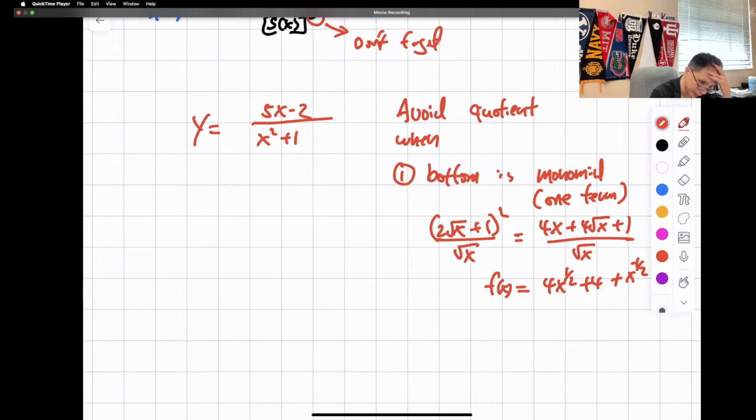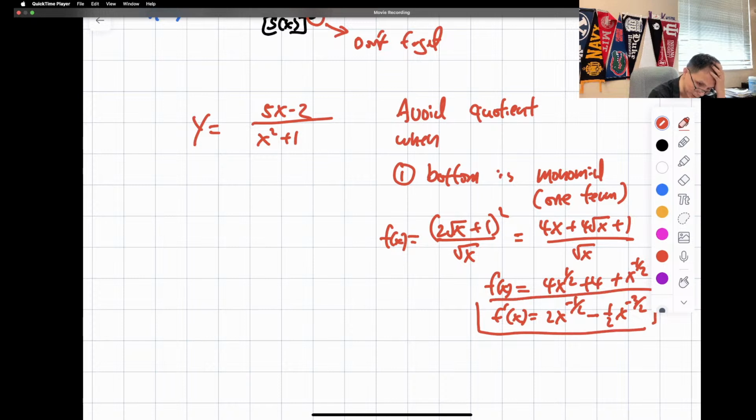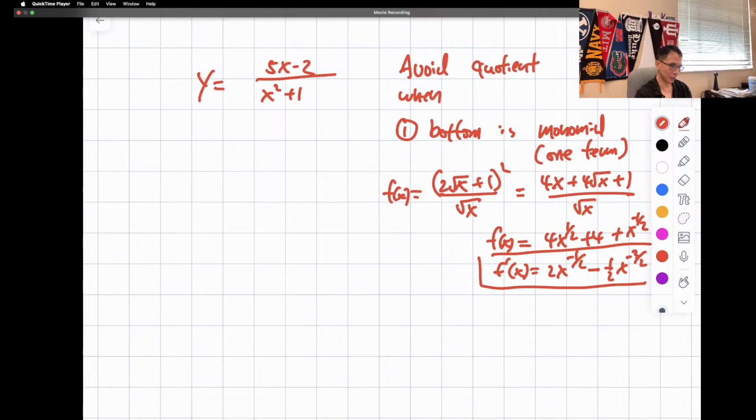Then take a derivative: it is equal to 2x to the negative 1/2 minus 1/2 x to the negative 3 over 2. Does that make sense? When the bottom is one term, you do not use quotient rule because your life is going to be miserable if I ask you for the second derivative. Even the first derivative is going to be hard to simplify, so you should avoid it when the bottom is a monomial.